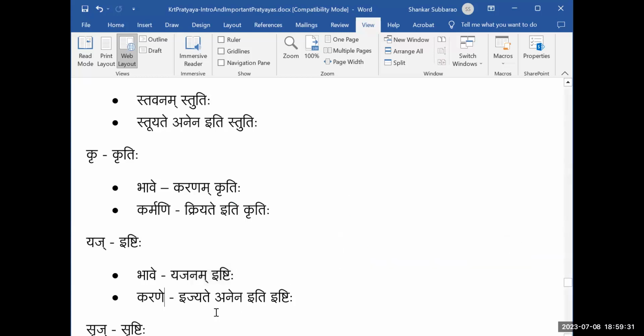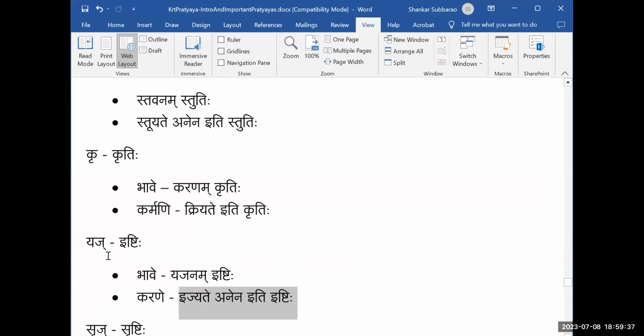Okay. Karane. Ijyate anena iti ishtihi. Again, here you see ya becomes e. Ijyate anena. Means what? By this worshipping is done. What is it called? Ishtihi.